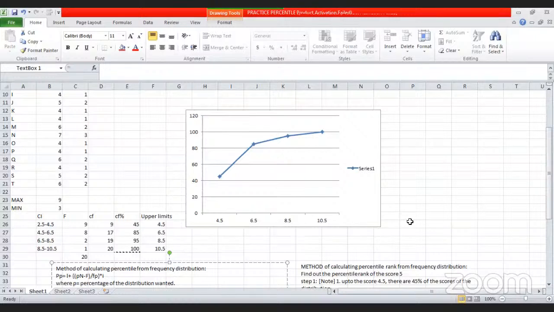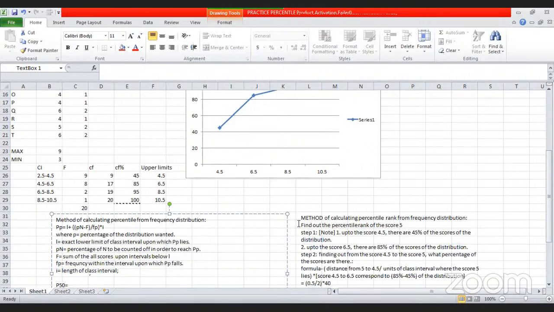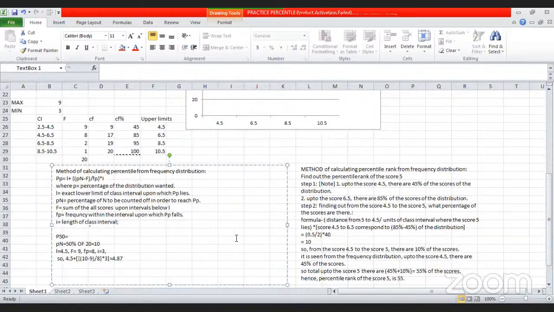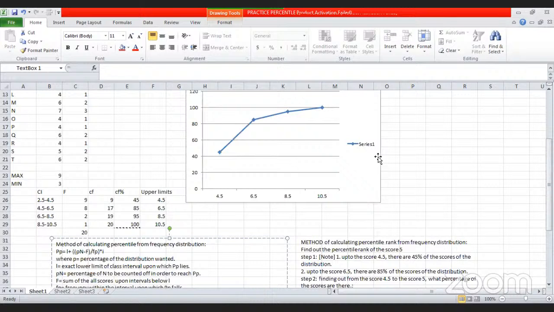About the P50, how to draw the perpendicular. Okay. So that means below the score 4.87, 50% of the scores are there within this distribution. Is it clear? Yes.